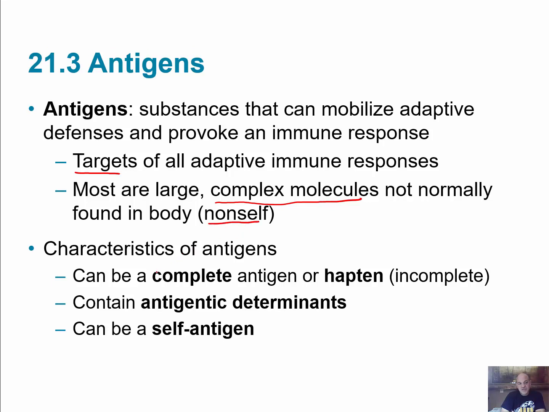The characteristics of antigens: antigens can be complete antigens or incomplete antigens, which are referred to as haptens. They do contain antigenic determinants, which are parts of these large molecules. And antigens can also be self-antigens.